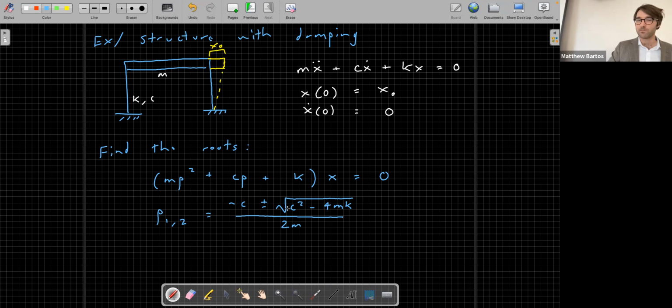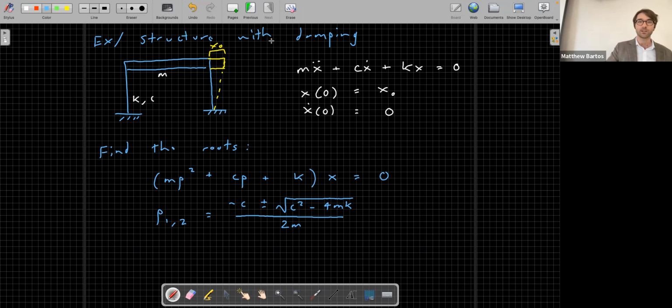So what is the major difference in terms of the roots between this solution and the previous solution that we just saw? Yes, so we now have a real component. We now have a real component, which means we will have that exponential decay term in this case, given that C has to be positive. The damping coefficient is defined to be positive.